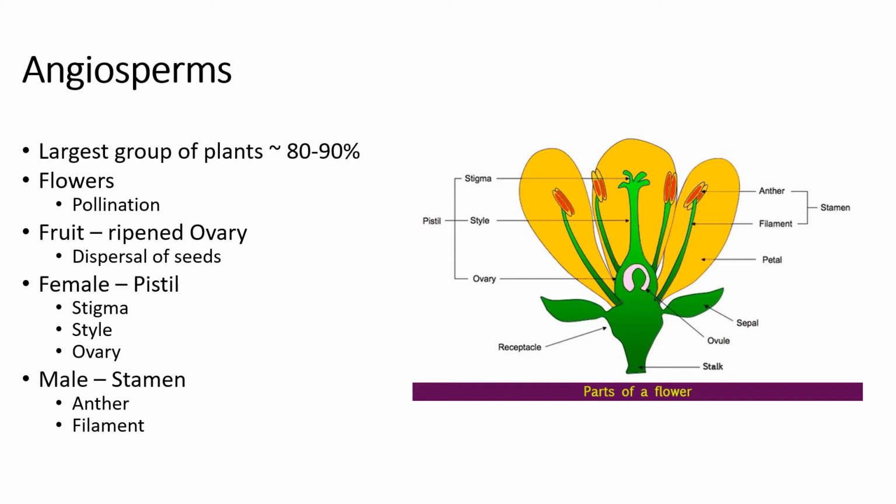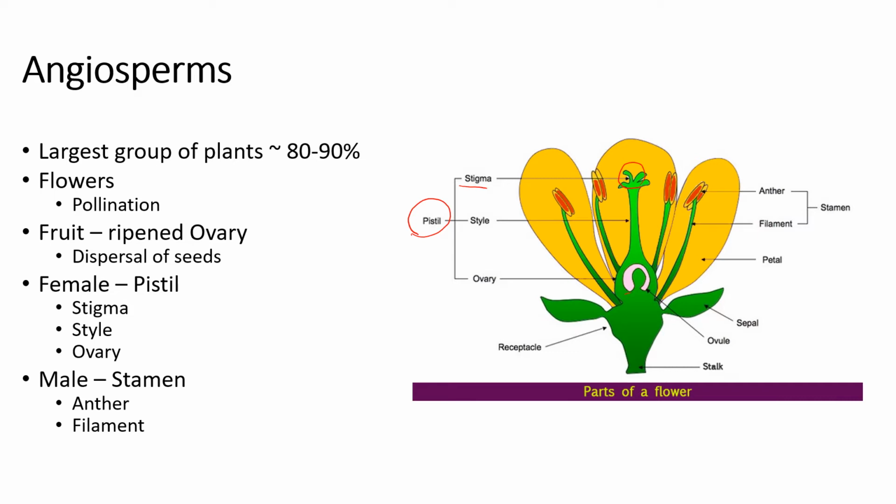Now I want us to look on this slide and notice the female and male anatomy of this particular flower. Obviously there can be different types of flowers, and we'll talk about that some more later in the lecture. But generally, in the female part of the flower, there's something called the pistil, and it includes three parts: the stigma, which is this end portion here, the style, which is the long tube, and then the ovary.